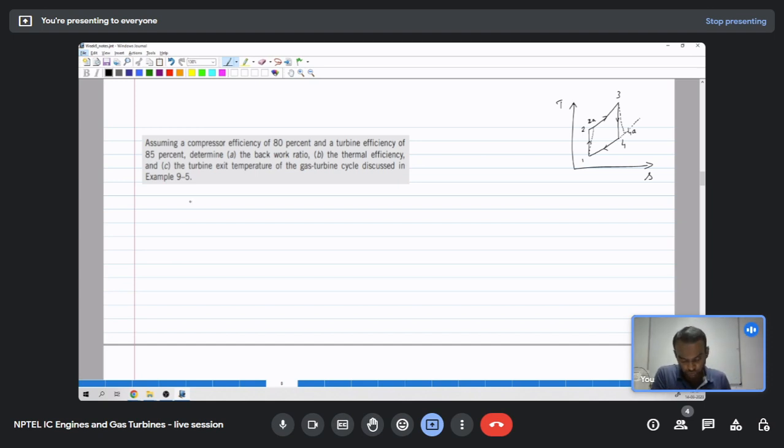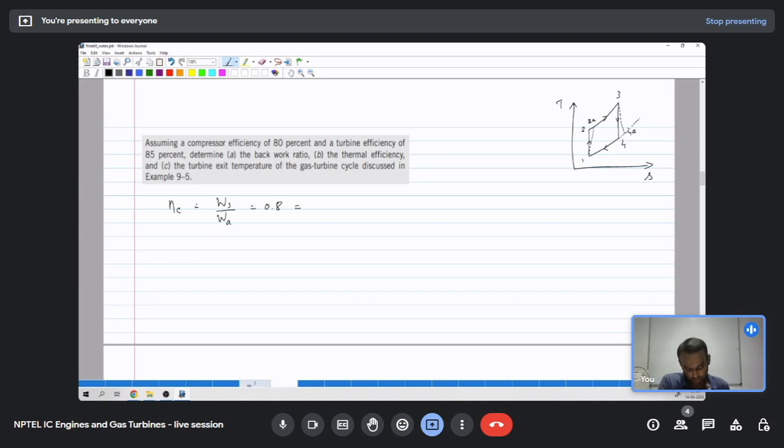So now we know the efficiency of the compressor is isentropic work divided by actual work, and this is 0.8.